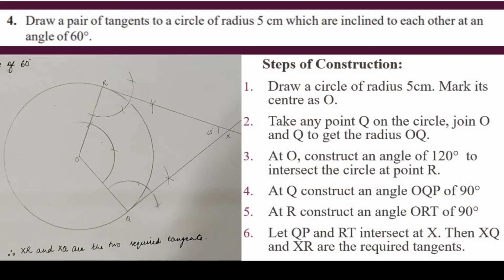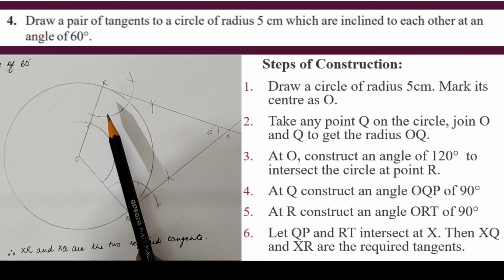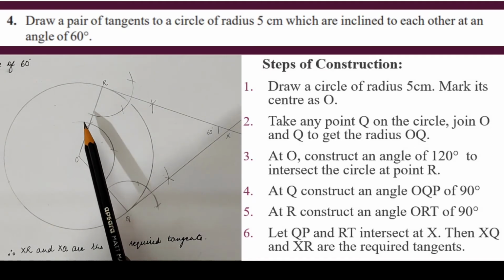Just let us revise the steps of construction. We drew a circle of radius 5 centimeters. Then we marked the center as point O. Then we took a point Q on the circle and joined O and Q to get the radius OQ. Then at O, I constructed an angle of 120 degrees such that QOR is equal to 120 degrees.